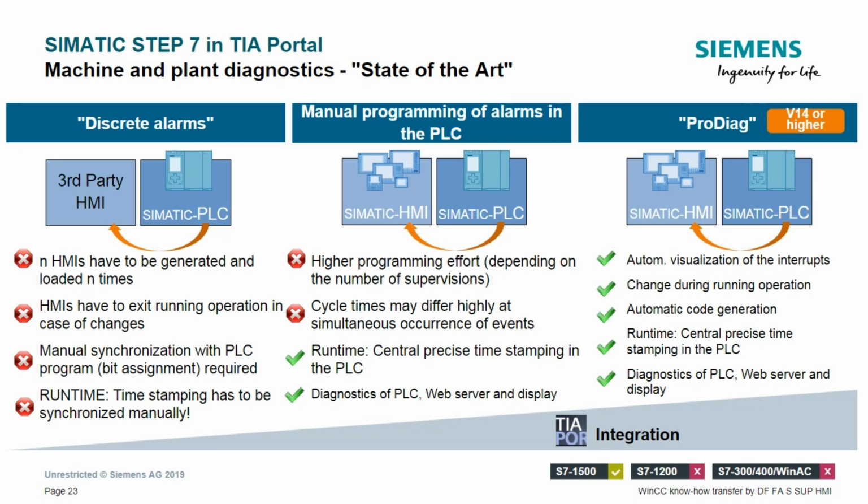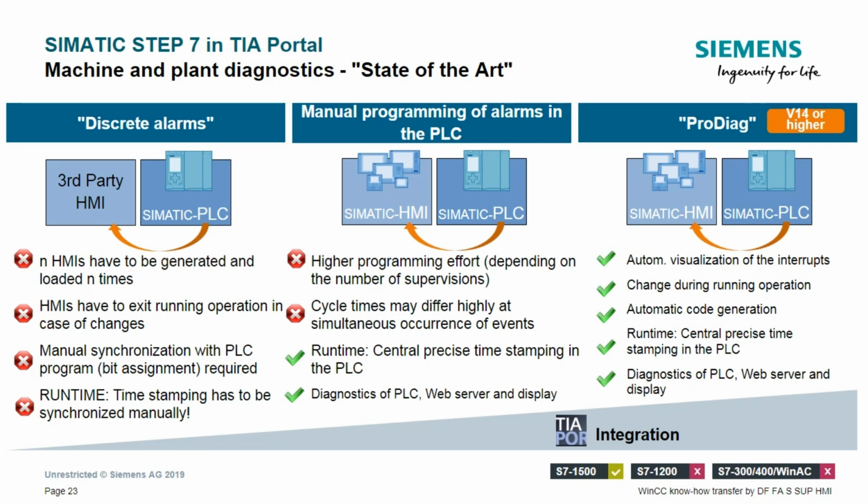Maybe the last step, which now includes the ProDiag, is we are still talking about semantic PLC and semantic HMI. In this case, please be aware, in order to use ProDiag, it has to be a 1500 PLC, and it has to be a TIA Portal version 14 or higher, because with version 14, ProDiag was introduced.